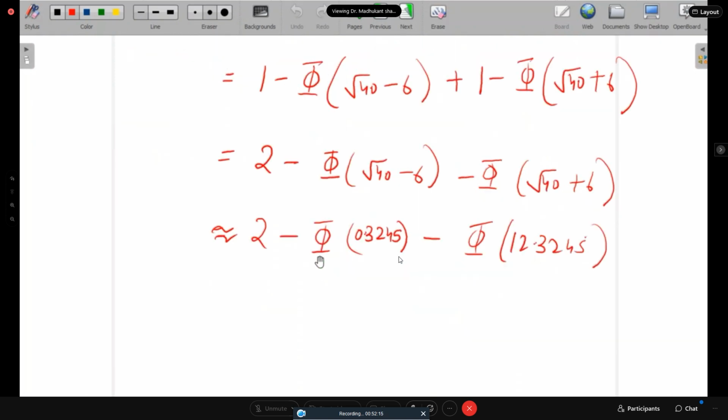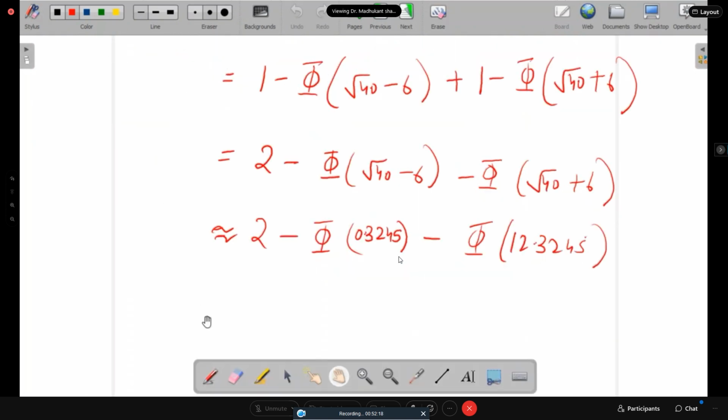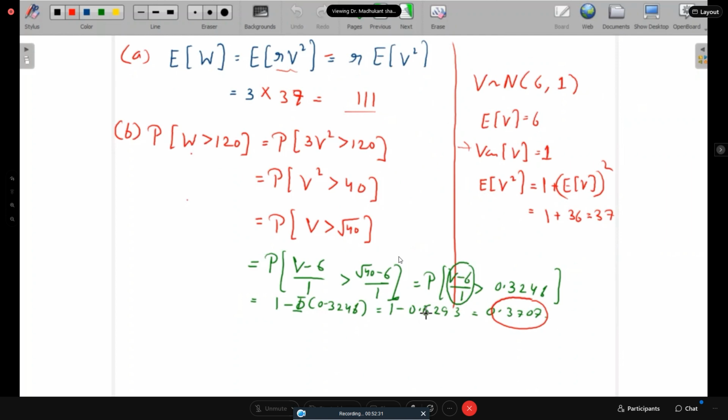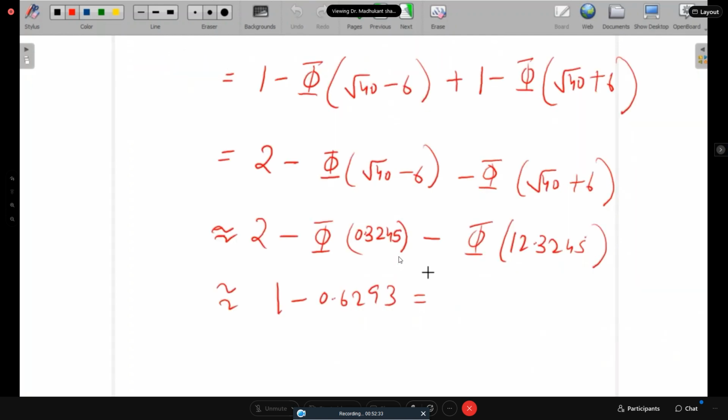So this is going to be 1 minus 0.6293 again, which is the same, like 0.3707.